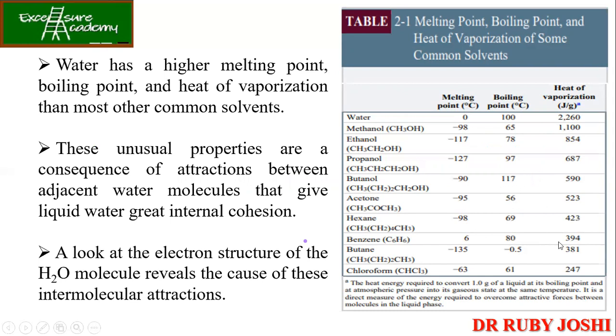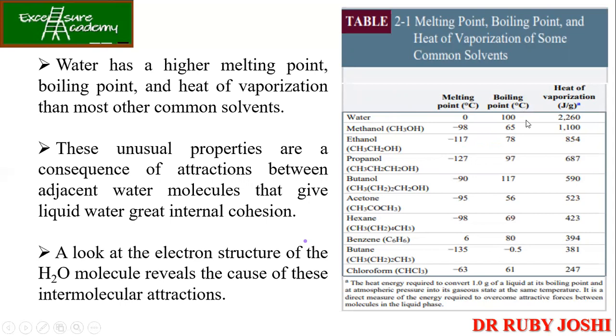If you see the table over here, the melting point of water is 0. Just now I said it has a higher melting point, but here it is 0. But look at the other solvents. Methanol has minus 98. So if I compare with these, water obviously has the highest melting point.